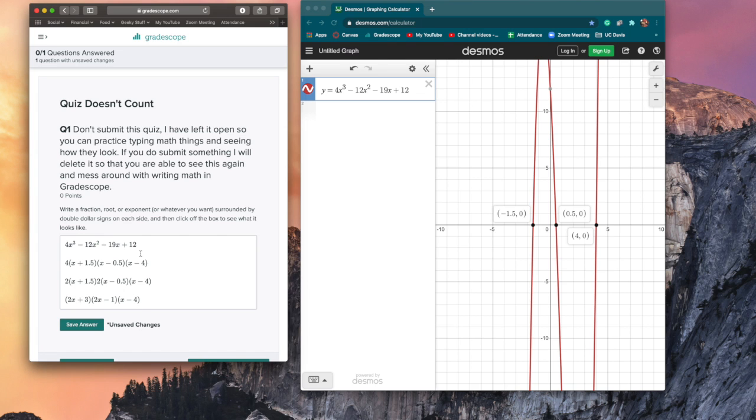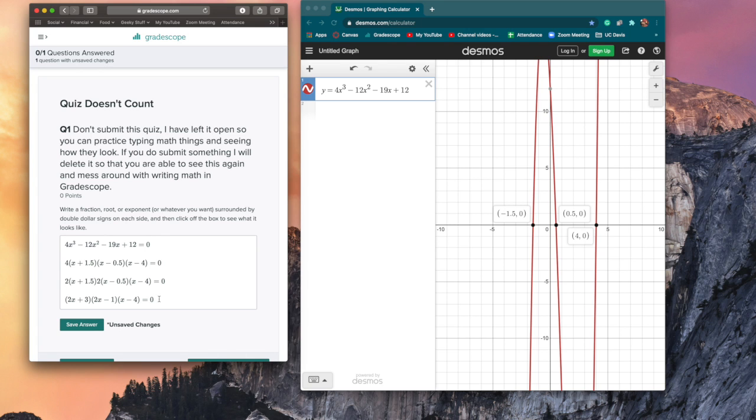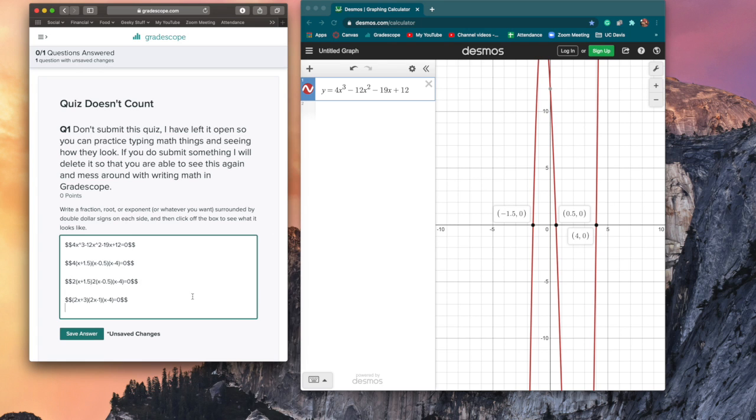And we can definitely see that if we were to set this equal to 0, then the solutions would of course be the solutions we found on the graph. We would have x equal to negative 3/2.